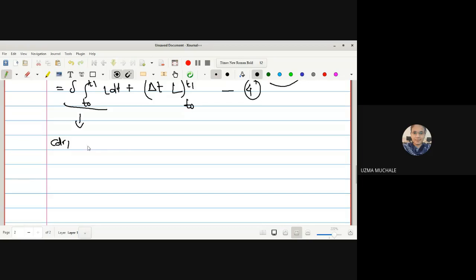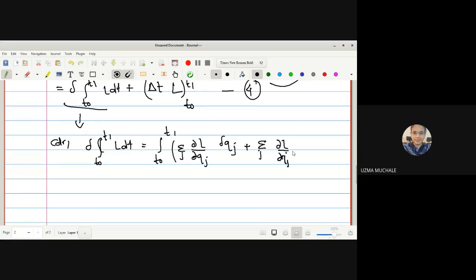Consider delta variation t naught to t1 L dt equal to integration t naught to t1, summation over j of L with respect to qj into delta qj, plus summation over j of L with respect to qj dot into delta qj dot, plus L with respect to t into delta t, right? Into dt outside of this bracket as it is.